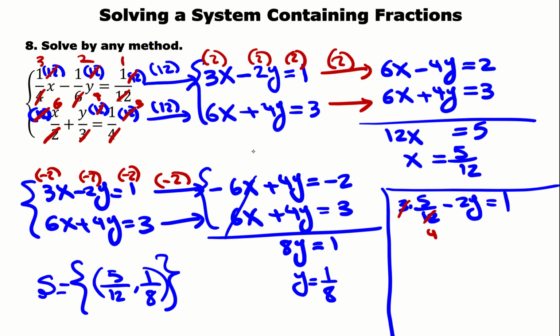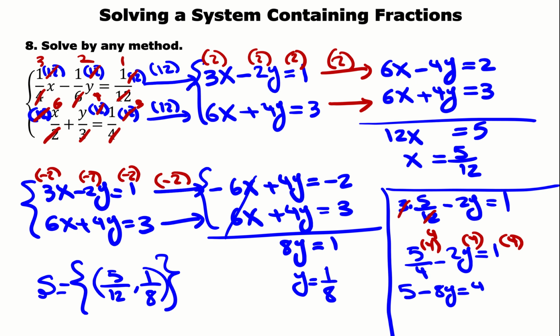So we end up with 5 over 4 minus 2y equals 1. Now we'll multiply both sides by 4 to clear the fraction. So we end up with 5 minus 8y equals 4.